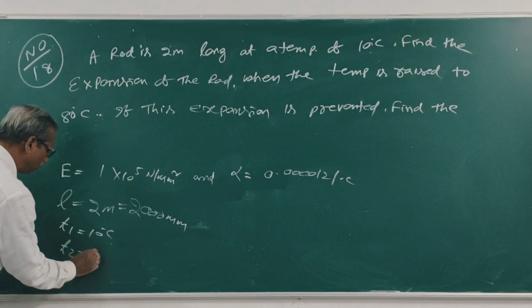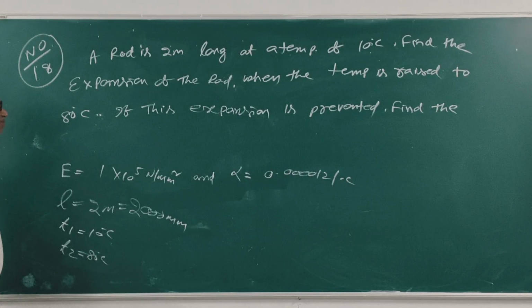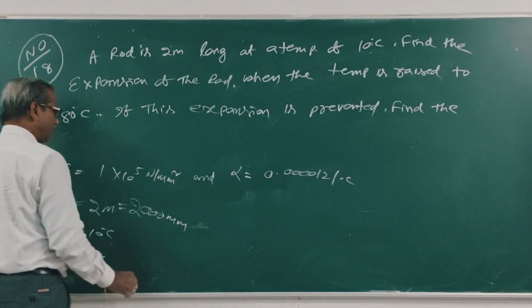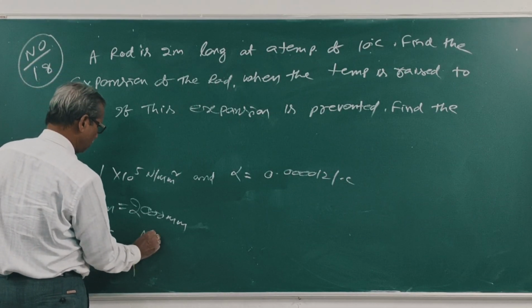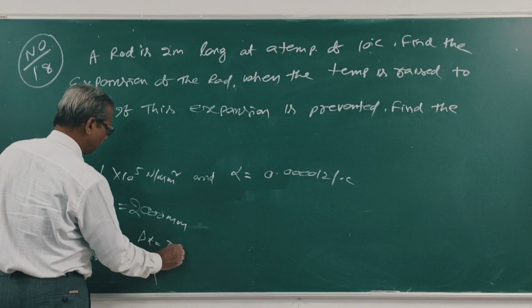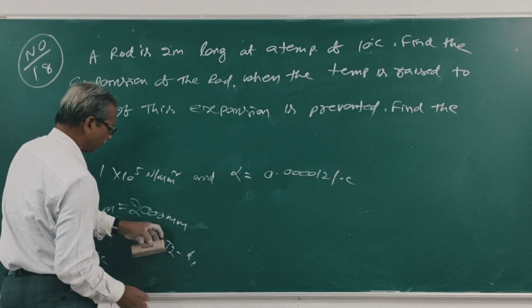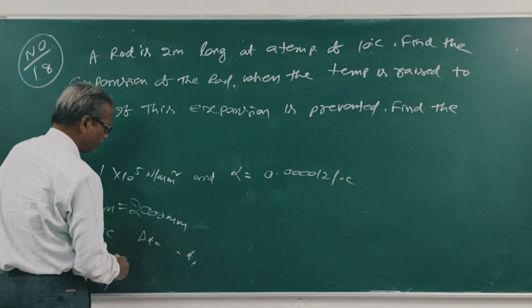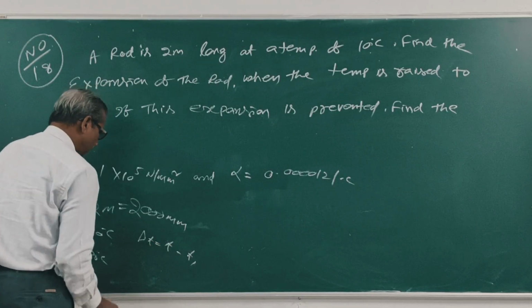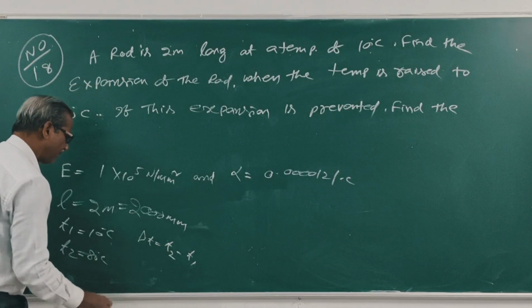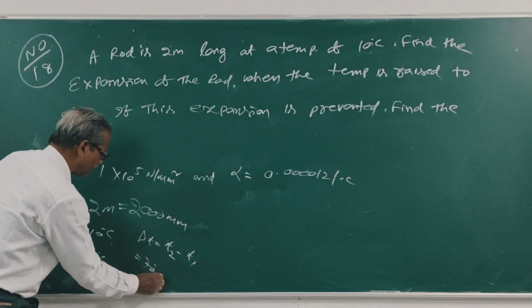T2 is equal to 80 degree centigrade. So delta T is equal to T2 minus T1. Clear? 80 minus 10, 70 degree centigrade.